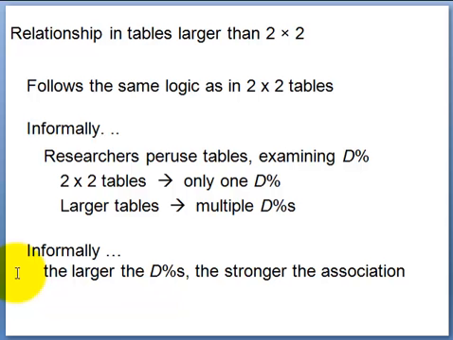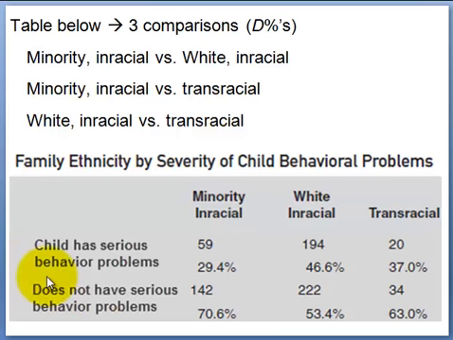I'm going to go ahead and calculate an average difference in percentages in the next slide or so. Again, this is just an informal measure, but it gets at how researchers assess size of association. So here is a 2 by 3 table.